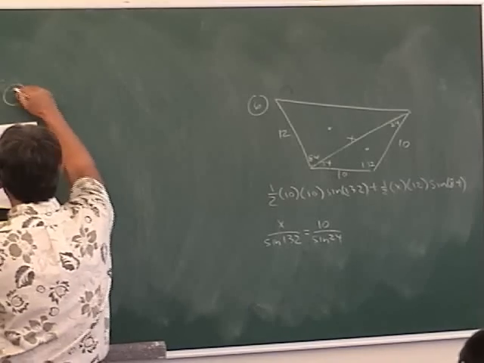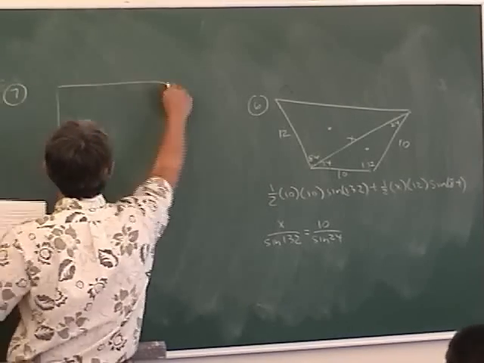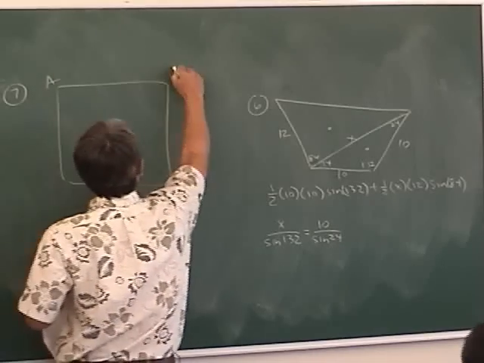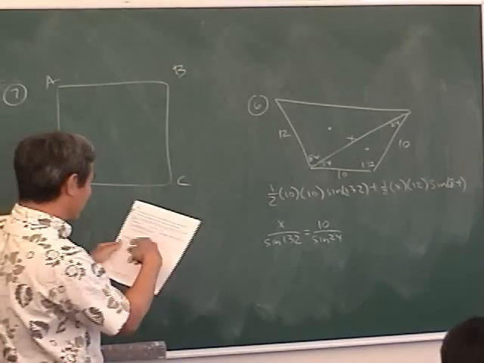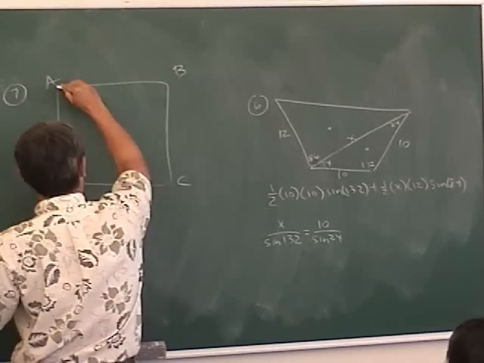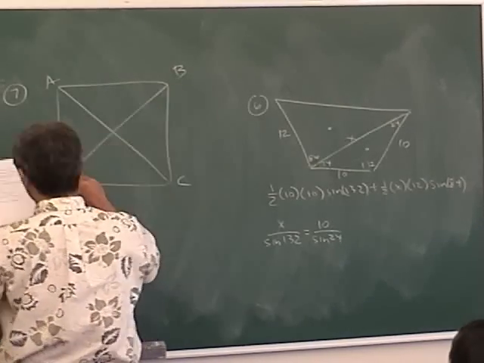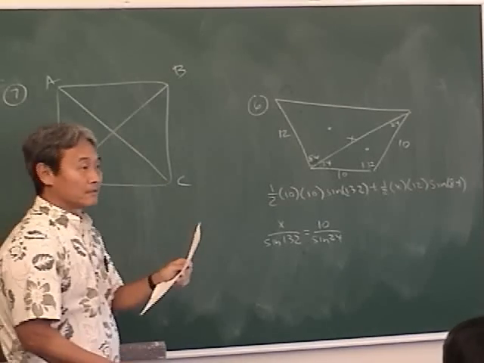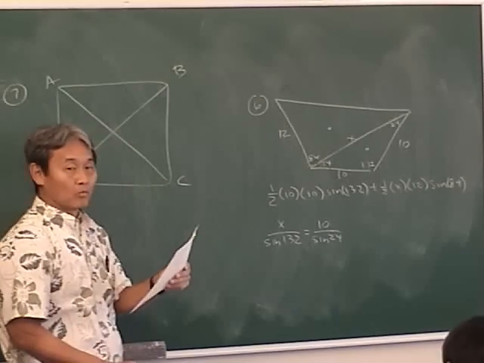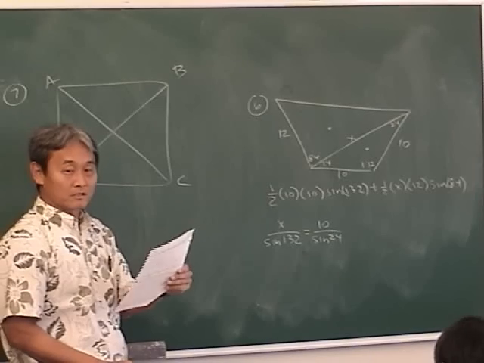Okay, number 7. Quadrilateral ABCD. Last year I put this exact same problem on the test and I just changed some of the numbers. All hell broke loose. Okay, ADB. How many people got it? One person, two persons.